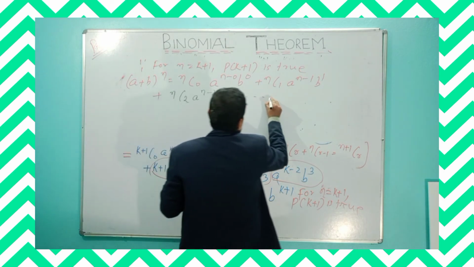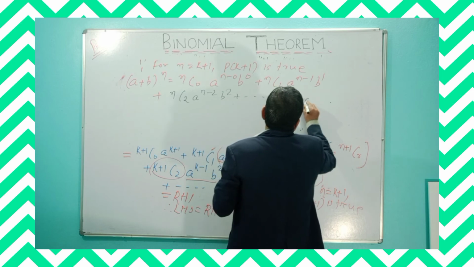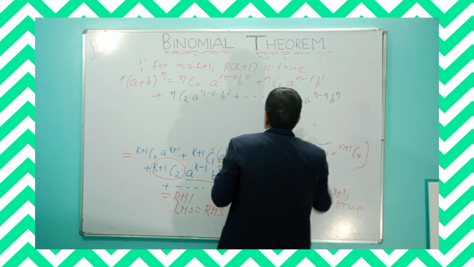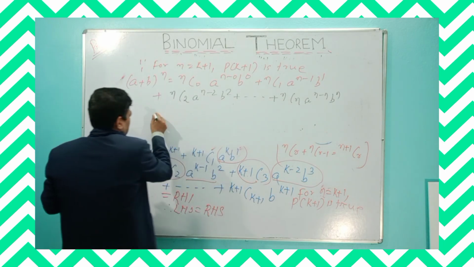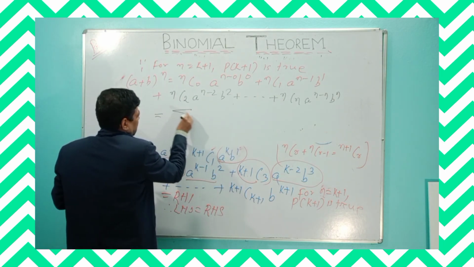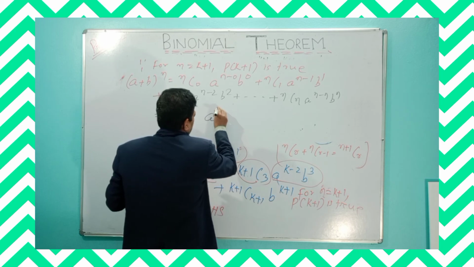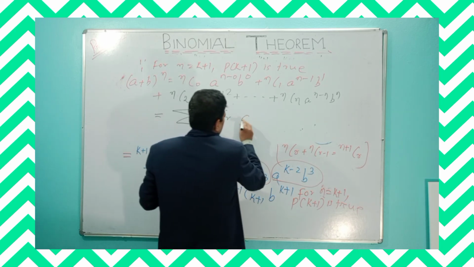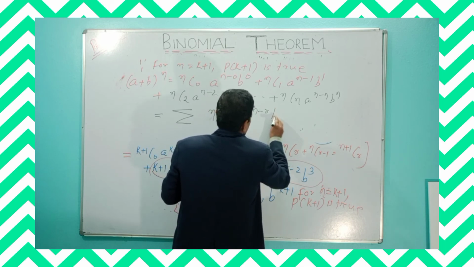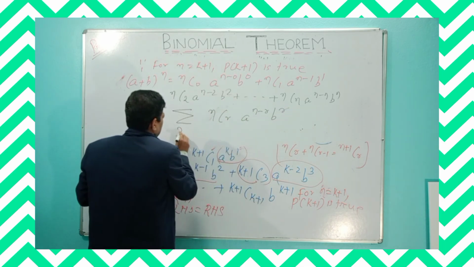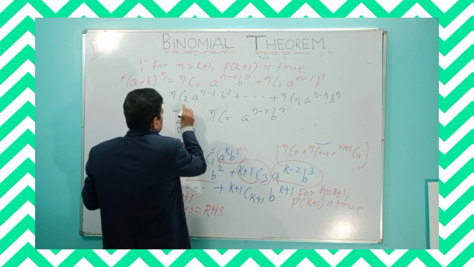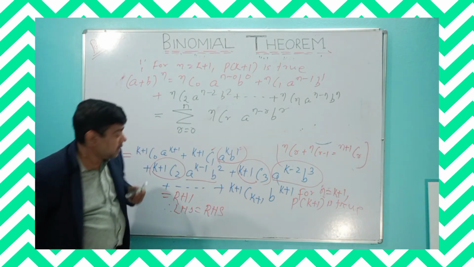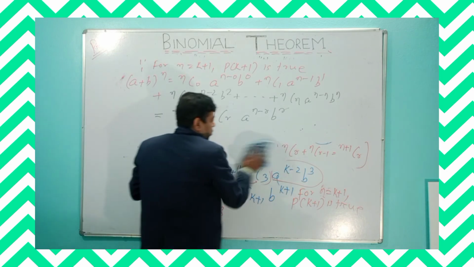In a similar manner, nCn a to the power n minus n, b to the power n. Or in short form we can write the summation of nCr a to the power n minus r, b to the power r, where r varies from 0 to n. This is how the given statement, the binomial theorem, is proved.